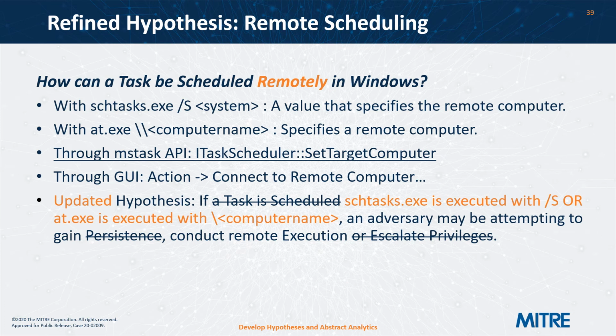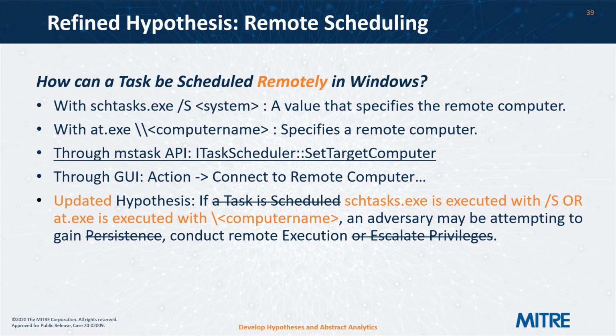For remote scheduling, we need to consider the fact that there are going to be two computers involved: the source of the scheduling and the destination where the task gets scheduled. On the destination machine, we'll see the same behavioral invariance as in local scheduling. But on the source computer, we could look for different things.